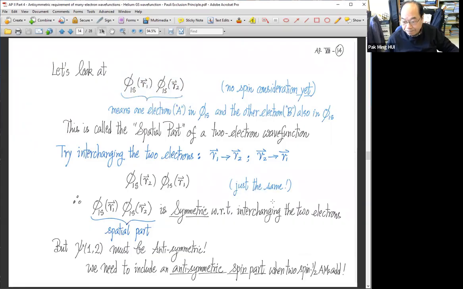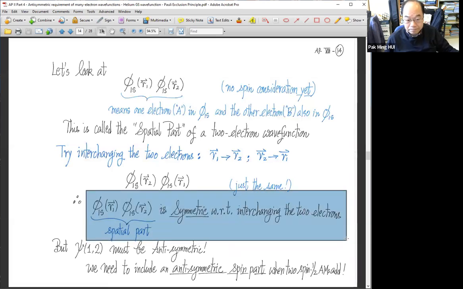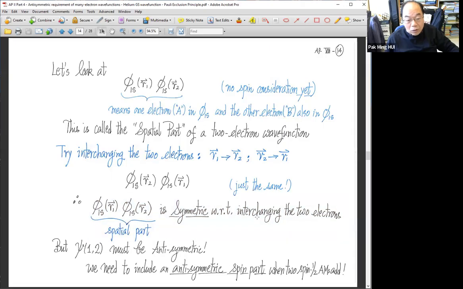What does it mean? It means the following. The spatial part describing two electrons both in 1s is symmetric with respect to interchanging the two electrons. Do you get this point? Okay. So this is symmetric, not quite what we want.